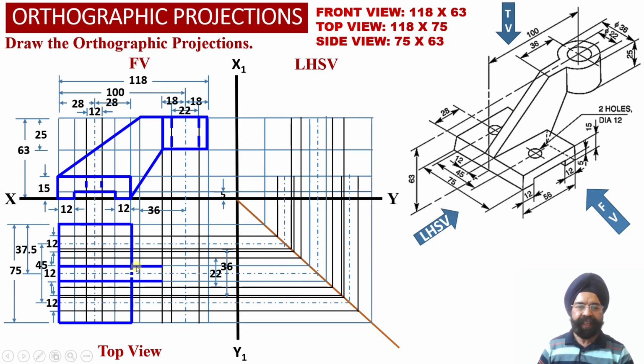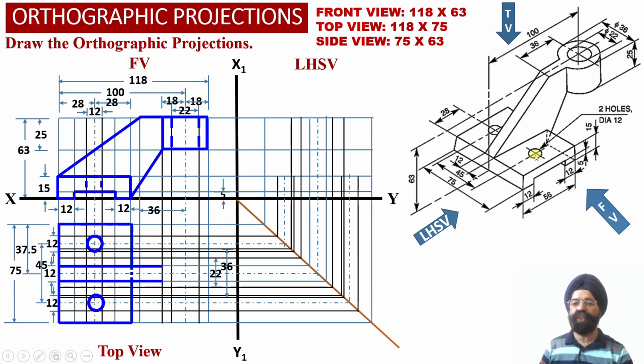So that is why this portion of the element number 1 will appear as a hidden line portion, whereas this portion corresponding to this inclined web will be visible to the observer.